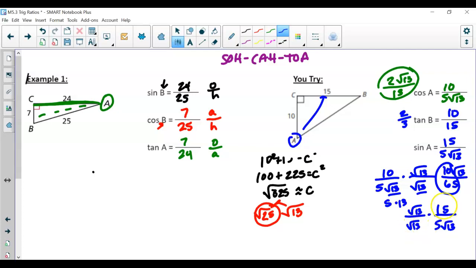You end up with 15 radical 13 over 5 times 13 again, which is 65. Now, notice here, you can simplify both by 5 again, and you get 3 radical 13 over 13.